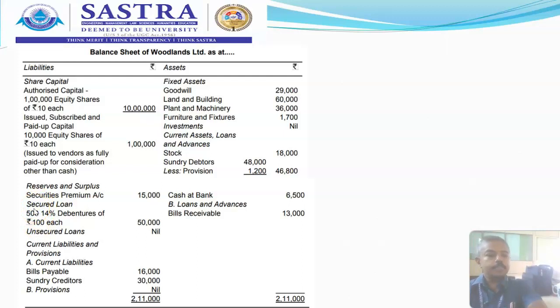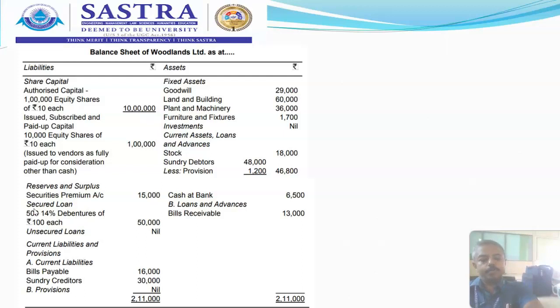The next is reserves and surplus. Under this heading, we have only one account, that is the securities premium account. Securities premium account was 20,000, but after the adjustment of discount on issue of debentures, rupees 5,000, the securities premium account now stands at rupees 15,000.